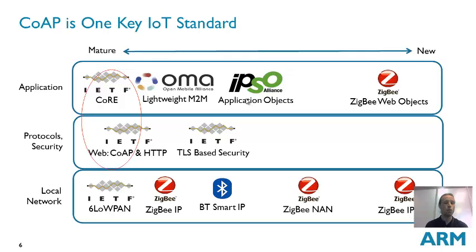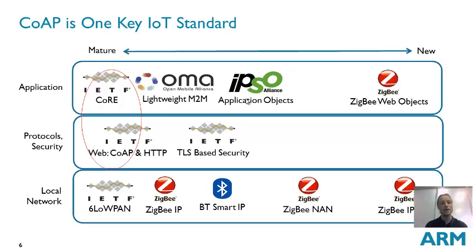CoAP, of course, is one key piece of the standards puzzle. It's not enough to just have a protocol in order to build an M2M or an IoT system that's not a silo. You need other standards around CoAP, for example, resource directories for registration, advice on REST interfaces that you can use with CoAP. We do those things in the IETF core.